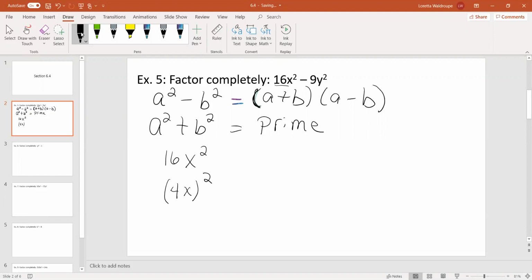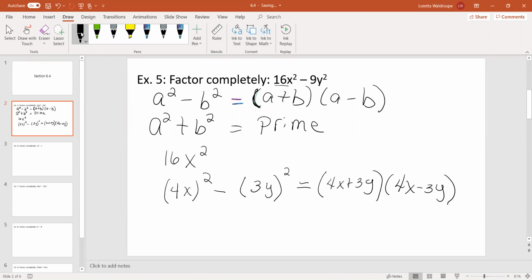So this is 4x squared minus, what do you square to get 9? 3, and to get y squared is y. So when I split it up, it's 4x plus 3y and 4x minus 3y. It doesn't matter whether your plus is first or your minus is first. And you're done.